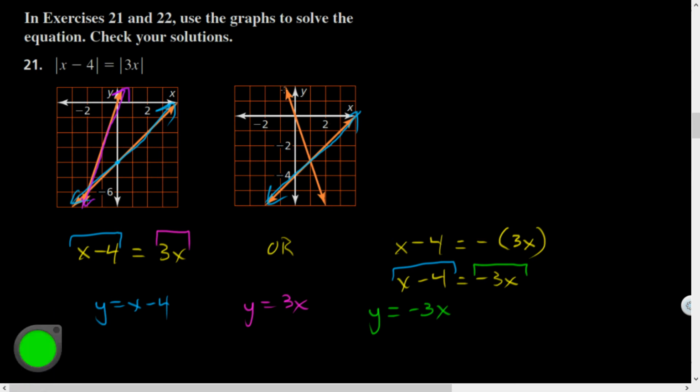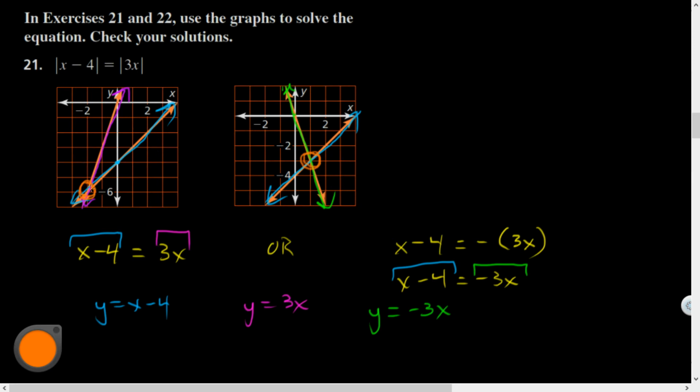Does that make sense? Did they graph it correctly? Because their y-intercept is 0, which notice this has 0 as its b value, and the slope is negative 3, down 3 over 1. So my solutions, plural, are right here and right here.